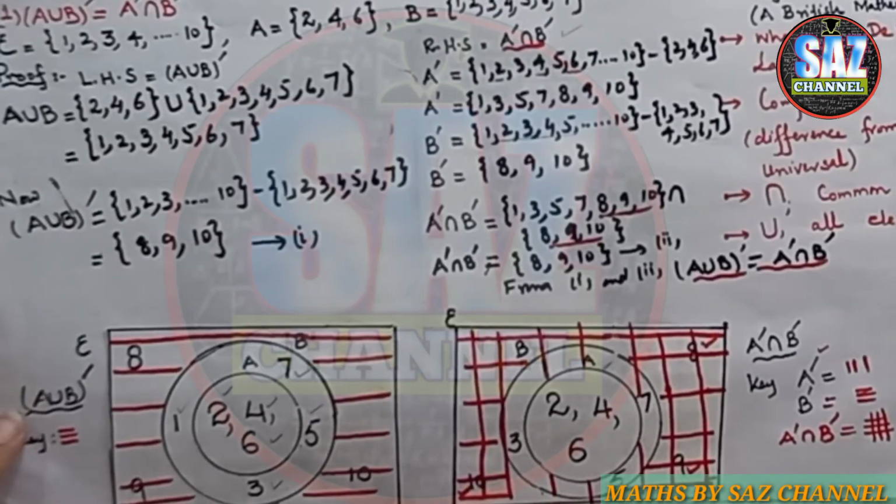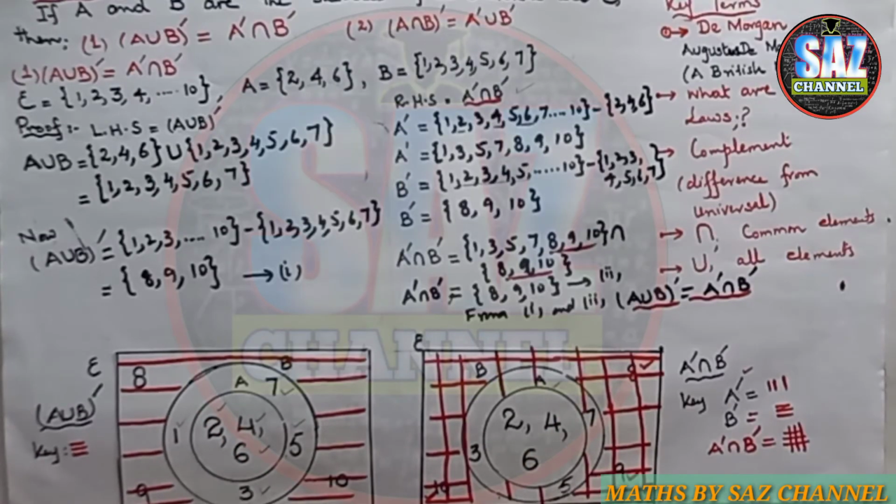In the other diagram as well, the answer of A union B whole complement is 8, 9 and 10. So through this discussion we can prove that A union B whole complement equals A complement intersection B complement. I hope you are clear about this question.